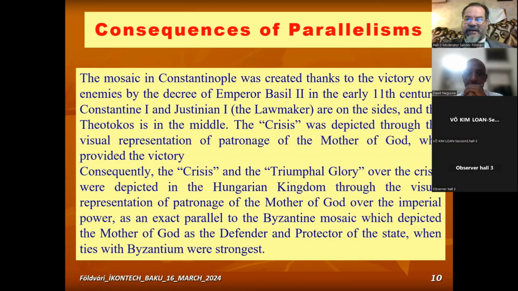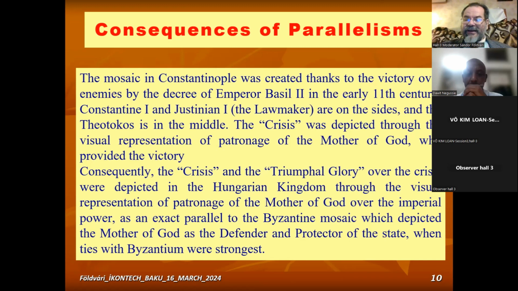The mosaic in Constantinople was created thanks to the victory over the Bulgarians, as I have already said, and the mosaic in Hungary was created thanks to the victory of Bela himself over his enemies, because, as I have already said, he came to Hungary with Byzantine troops. So he became a very powerful and strong king in Hungary with the help of the Byzantine army.